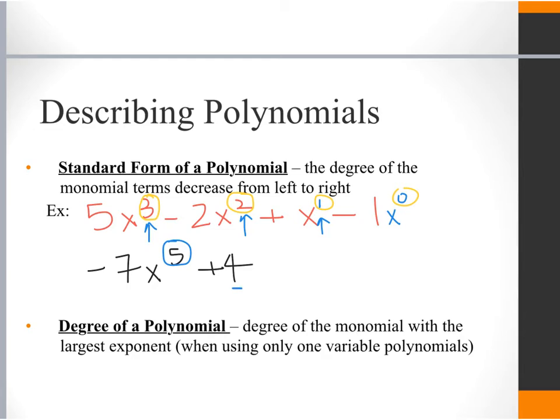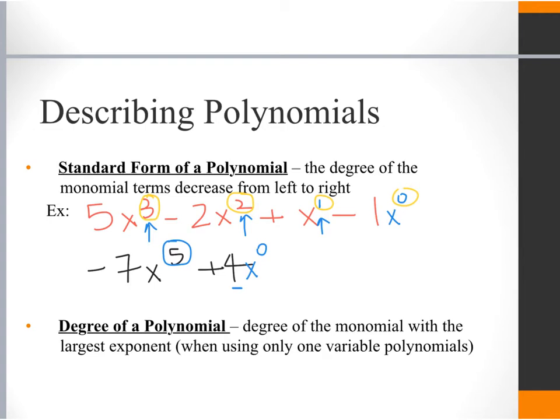This 4 here doesn't have an x term because it's a constant. Or if you're a person that likes to have x's there, you could write that as x to the power of 0 if you truly wanted to. So if you do that, you can see that we have our largest exponent here, and we go in order from greatest to least as we go from left to right. So I'm going from an exponent of 5 to an exponent of nothing. So this is what we call standard form.